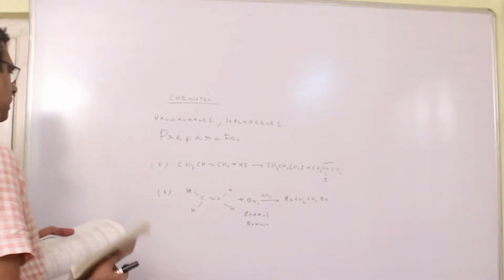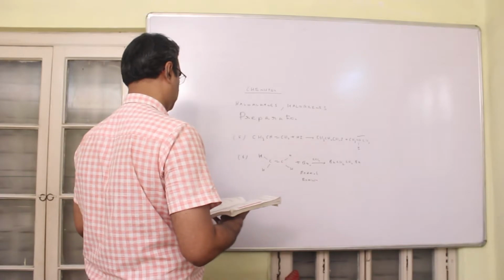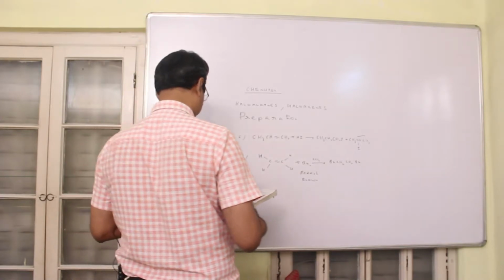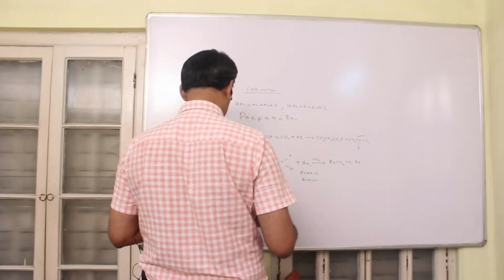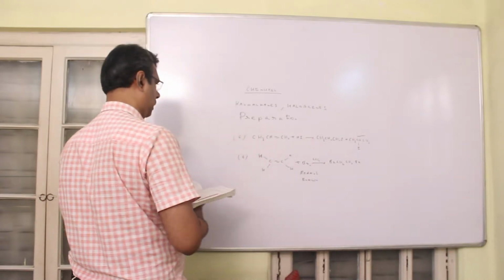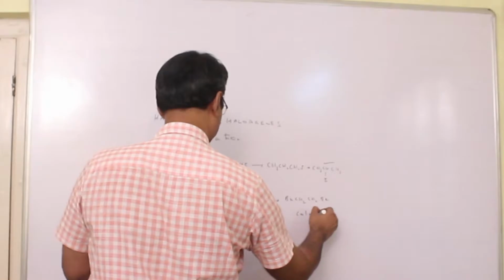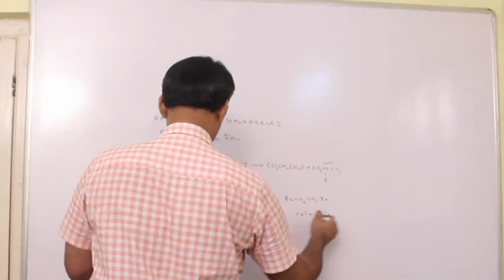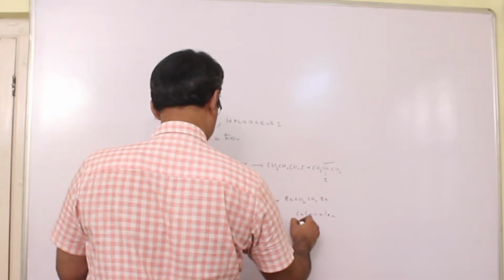The sixth method is, if you react an alkene with bromine in CCl4, then the reddish brown color of bromine will get discharged and you will get a colorless product. So in fact this one is called a vicinal dihalide.